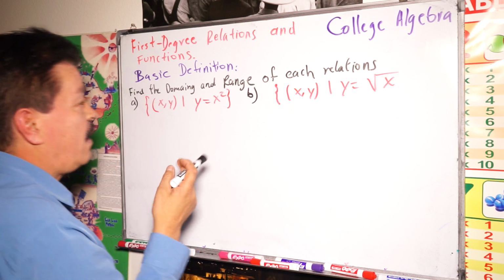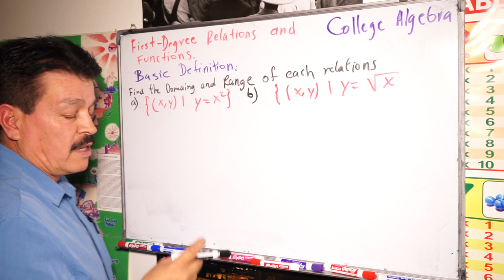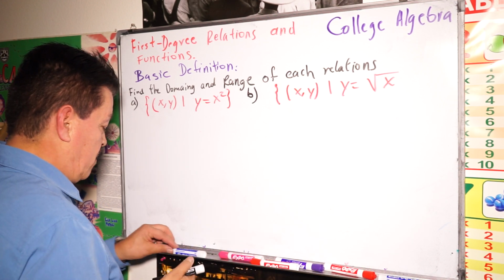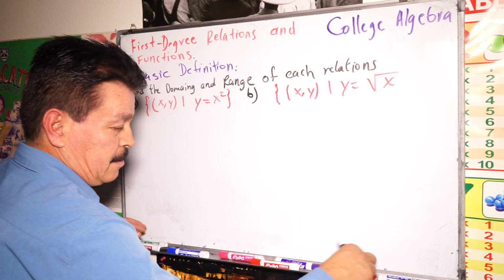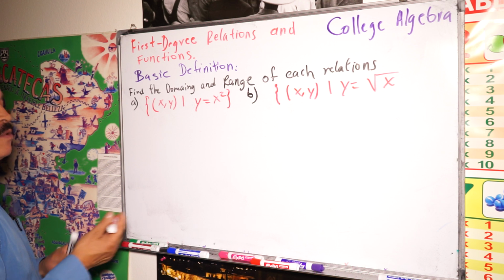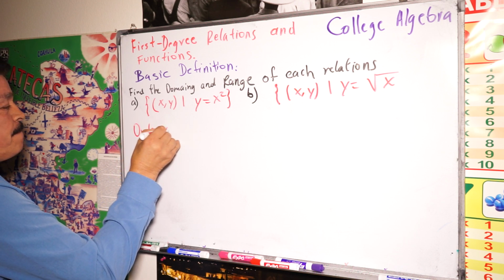We are going to talk today about the domain and range in a function. Also, I want to explain some concepts that we have to be able to remember for this class. The first concept is an ordered pair.